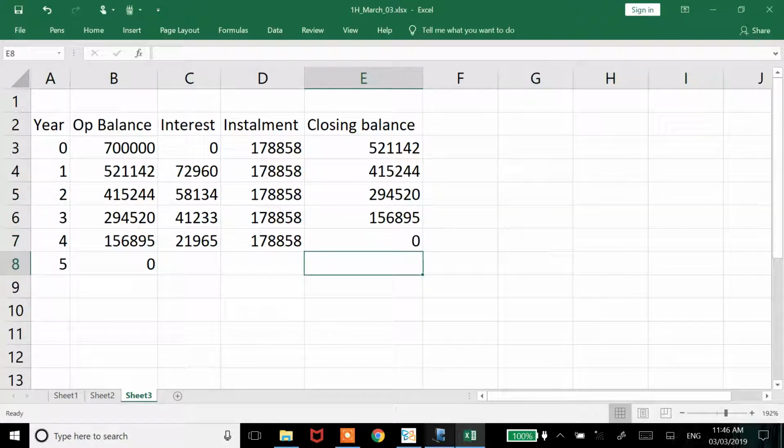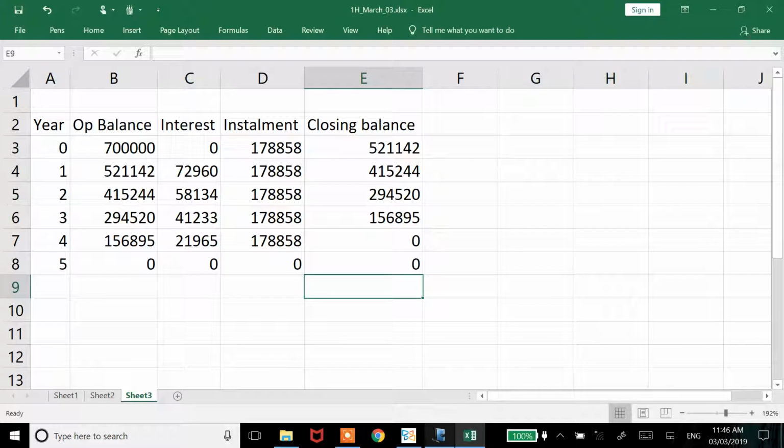At the beginning of 5th year, you close the loan. So last year there is no interest, no principal, and no closing. The closing balance is anyway 0. Any doubts on this? So we started with 7 lakh. 178,858 is the installment. Closing balance became 5211.